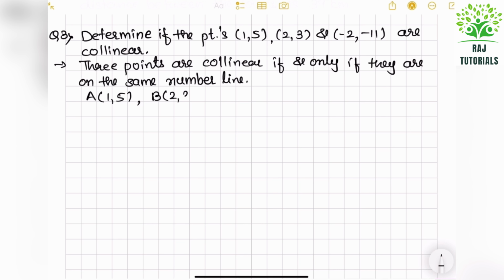So A is 1, 5, B is 2, 3 and C is minus 2, minus 11.